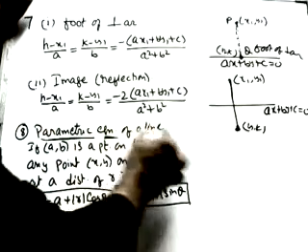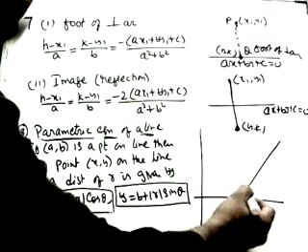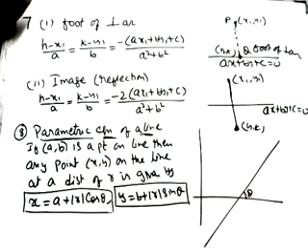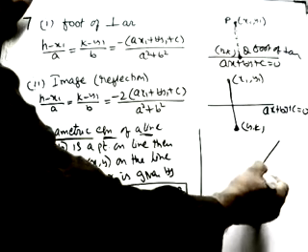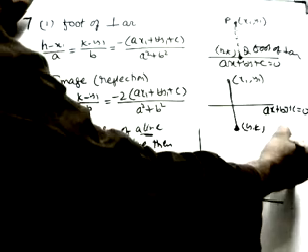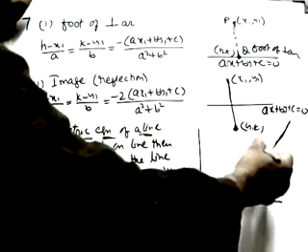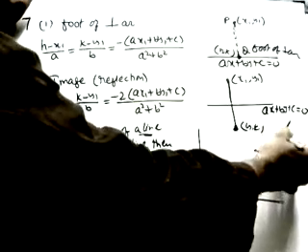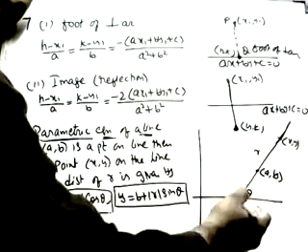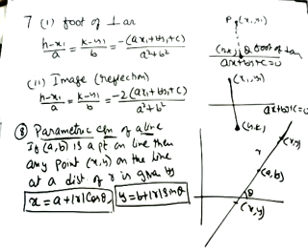And one more concept here, the parametric equation of a line. Suppose we are having a line, let it make an angle of theta with the positive axis. Suppose we are having a point (a, b) here. If we want to find one more point on this line, suppose the distance is r, here is one point, and we may get one more point here at the same distance.